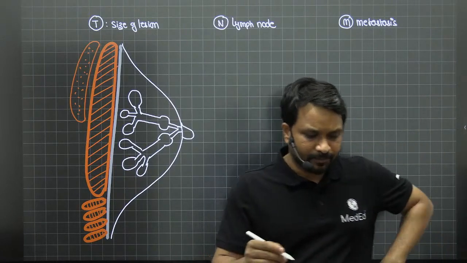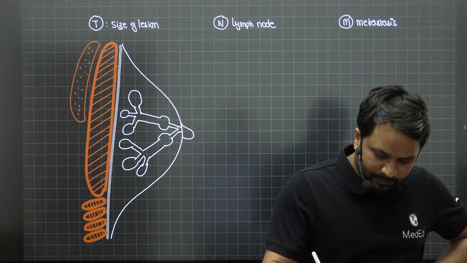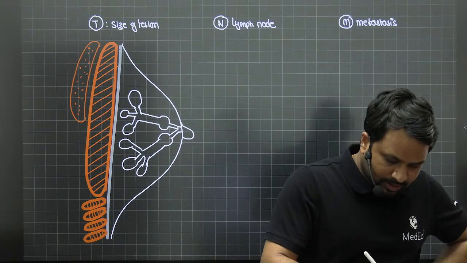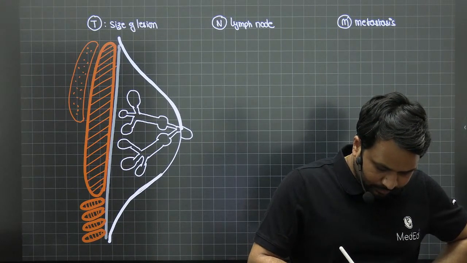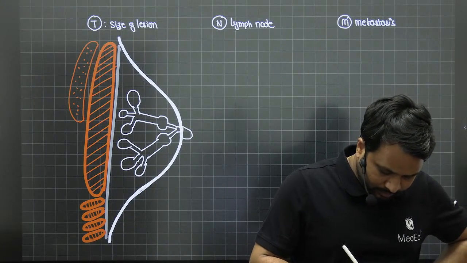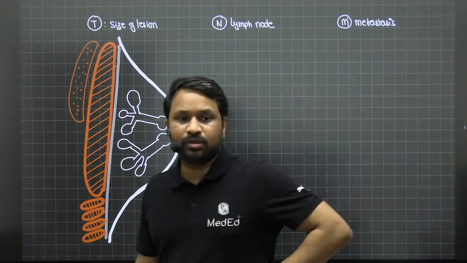As simple as that. Now this is the skin that is there, right? For the sake of understanding, let's say this is the representation of the skin that you have. And this is the nipple areolar complex.